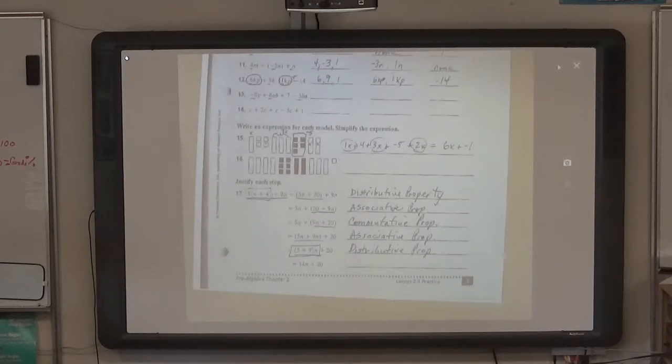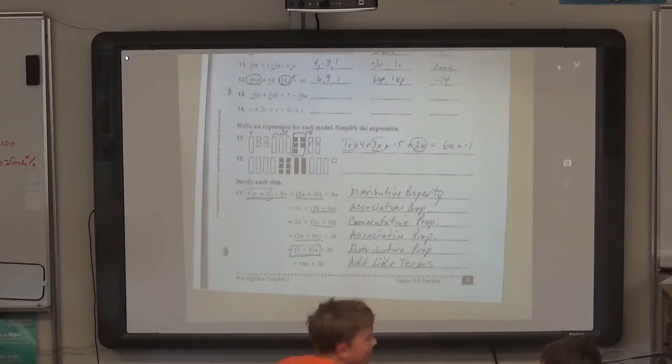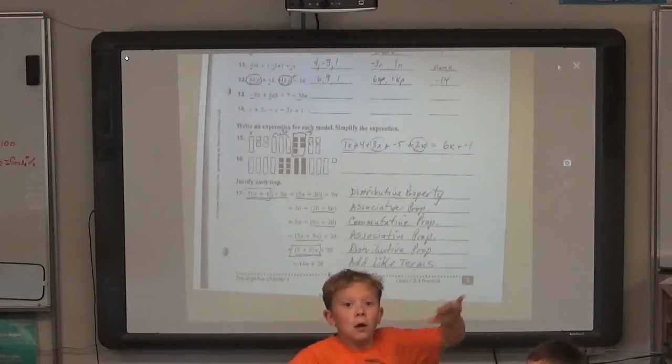The 5 plus 9n's, we're adding like terms. Or just simplifying it by adding. So, it's a review of the properties, and it's a review of kind of an algebra process for being able to simplify this. Okay?